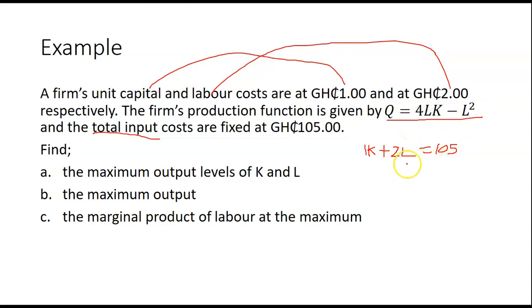Now, in order to optimize the objective function, the first thing you are going to do is to set this constraint equal to 0. How do we set it equal to 0? We are going to have K plus 2L.